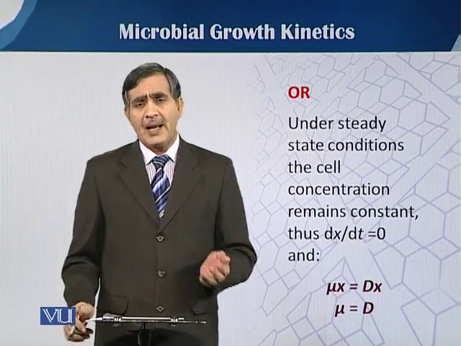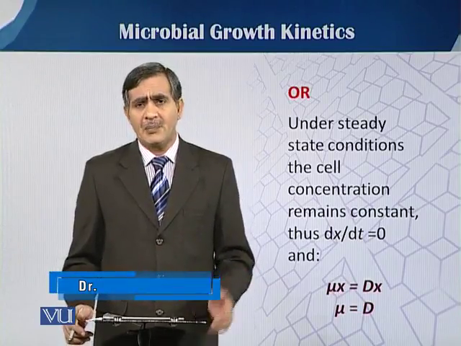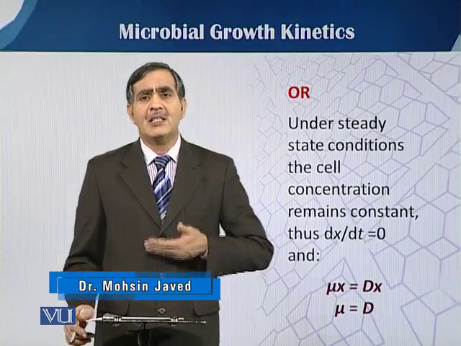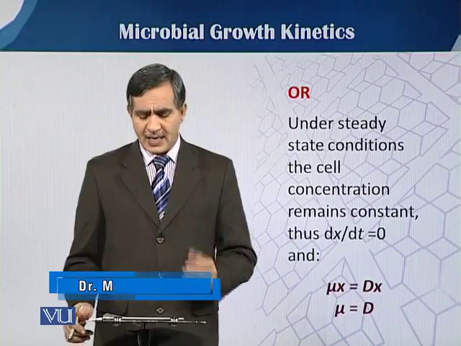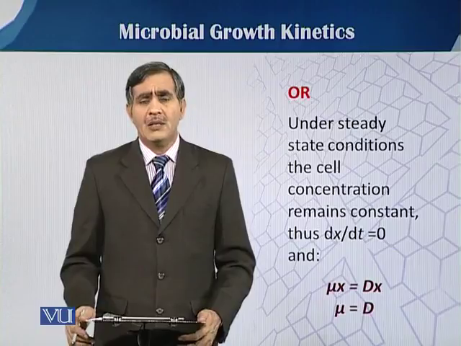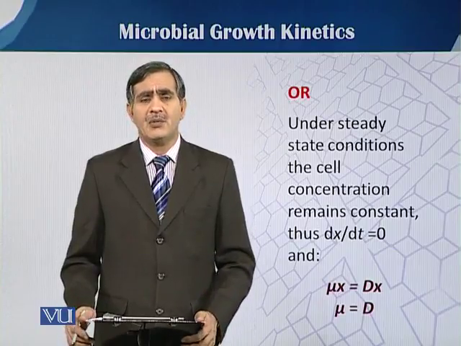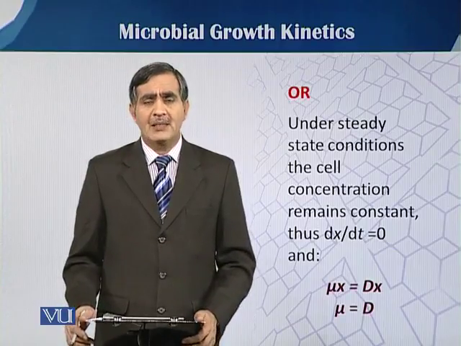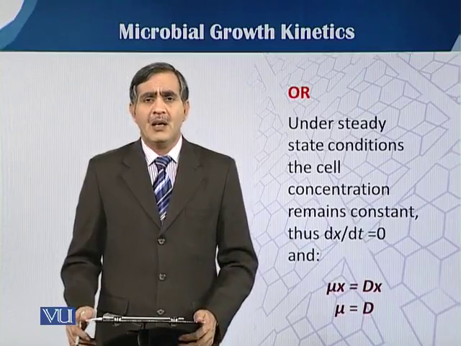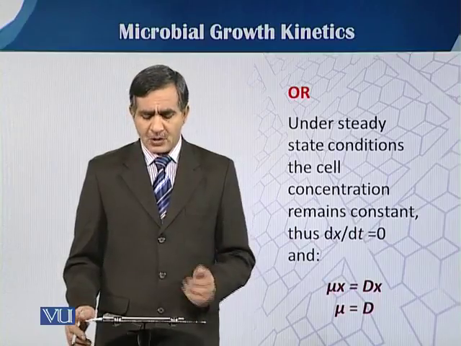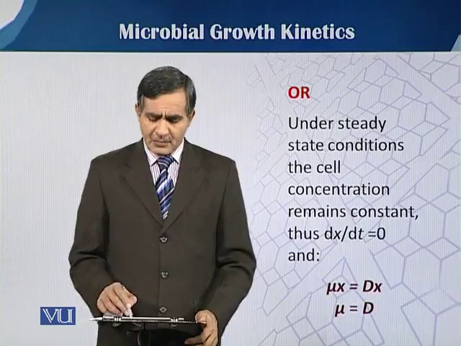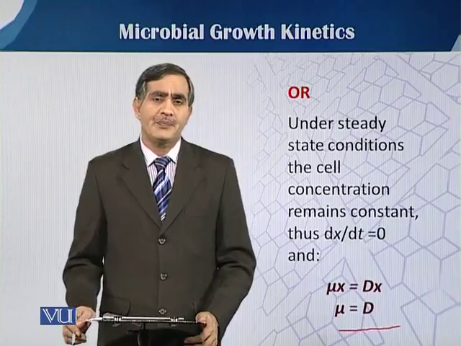By putting this value of dx over dt into the previous slide's equation, mu x minus Dx is equal to 0, and then obviously we achieve mu x equals Dx. So this can easily be written as mu is equal to D.